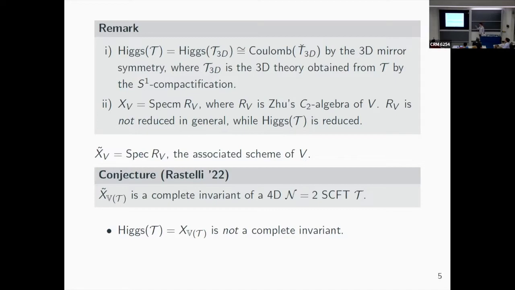But if you consider the associated scheme really as a scheme, it distinguishes every four-dimensional theory, conjecturally. So using the vertex operator algebra, you find some finite-dimensional scheme, which cannot really be reached from the four-dimensional or three-dimensional theory.